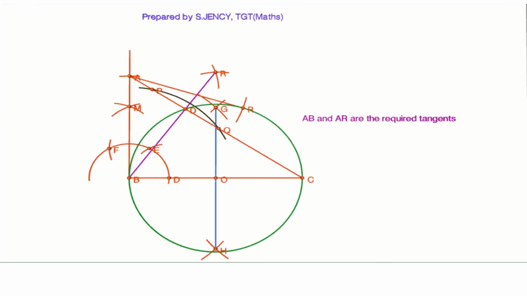Here is our sixth question. Let ABC be a right triangle in which AB is equal to 6 centimeters, BC is equal to 8 centimeters, and angle B is equal to 90 degrees. This is a normal basic question to draw a triangle. Now, BD is the perpendicular from B on AC. Right? BD we have to draw perpendicular to AC.